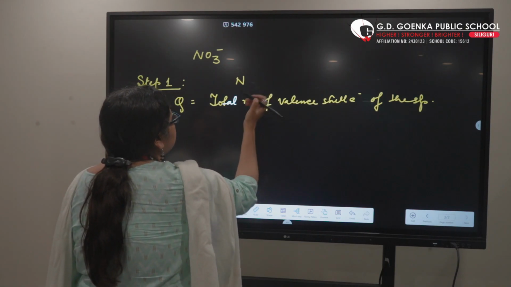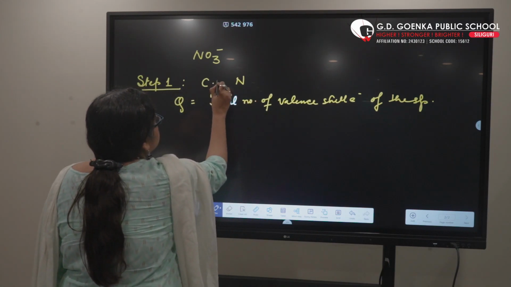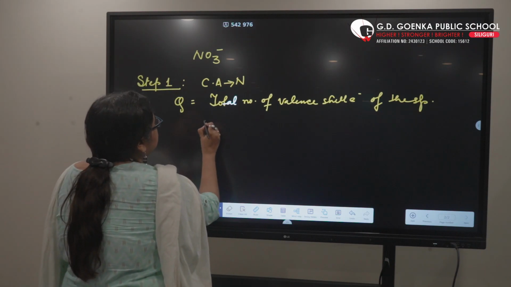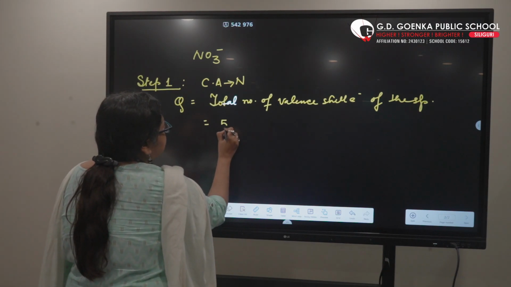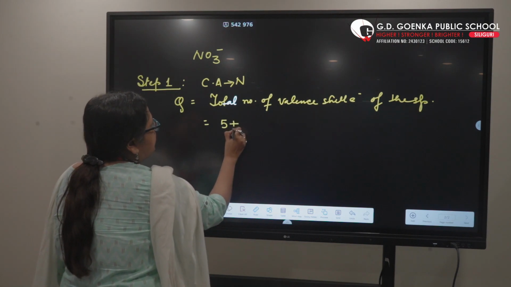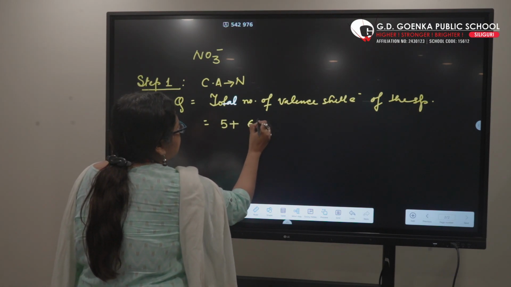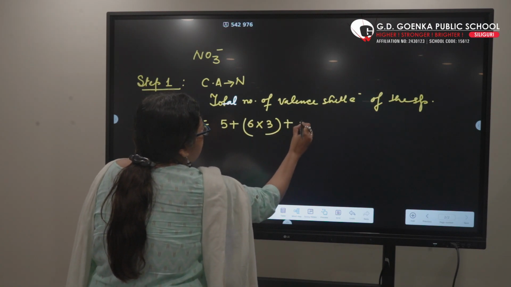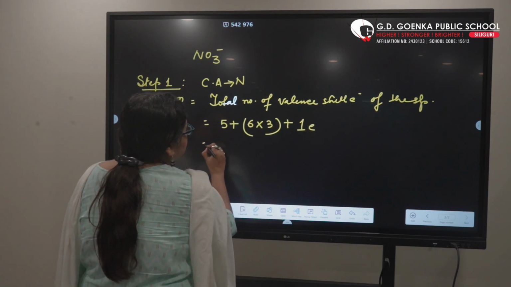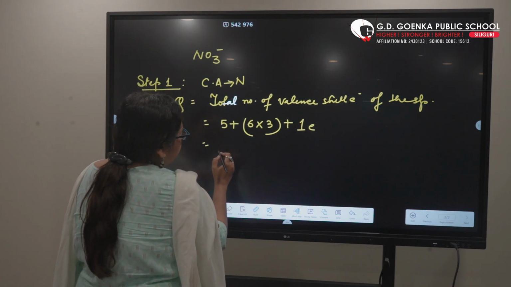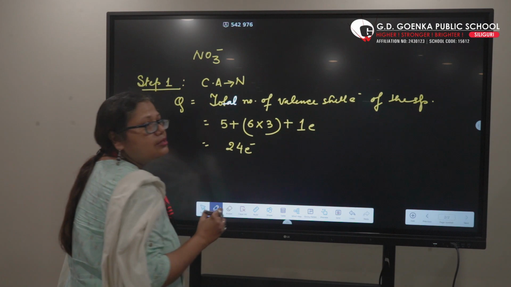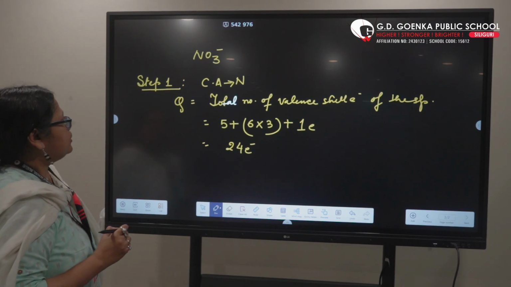And how do we calculate? This is the central atom, nitrogen. So the total number of valence shell electrons will be, for nitrogen it is 5, there is only one nitrogen atom. For oxygen 6, 3 oxygen atoms, 6 into 3, and carrying one negative charge, so 1 electron. So 18 plus 5, 23, 24 electrons. So the value of Q is 24 electrons.